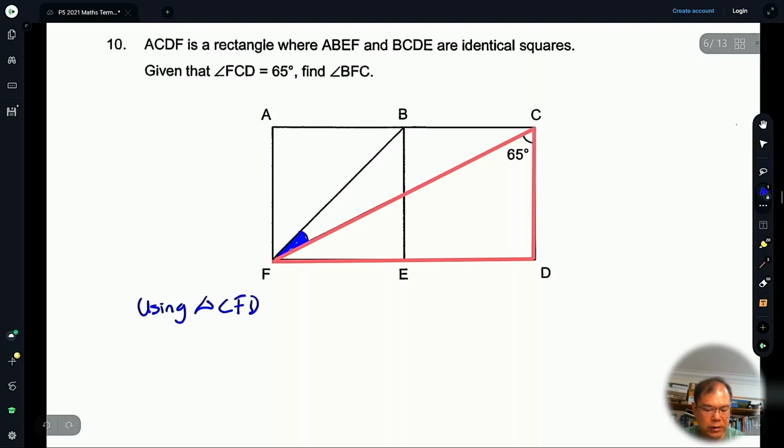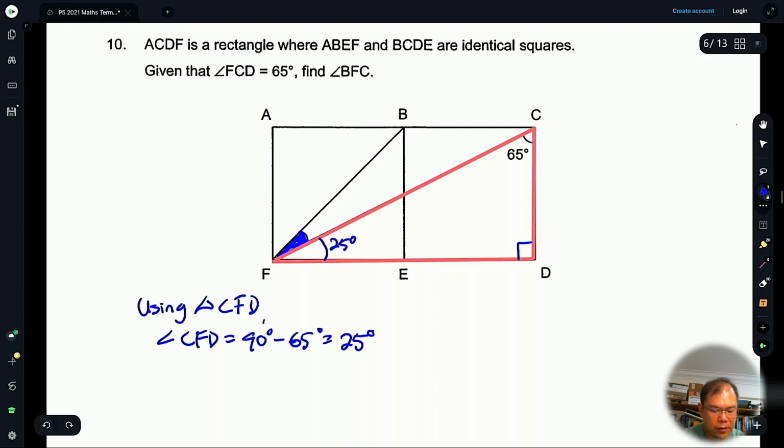Now these two are squares. This is a triangle inside a square, so this is a right angle triangle. To find this angle here, angle CFD, I just have to do 90 minus 65 degrees, so this is 25 degrees.